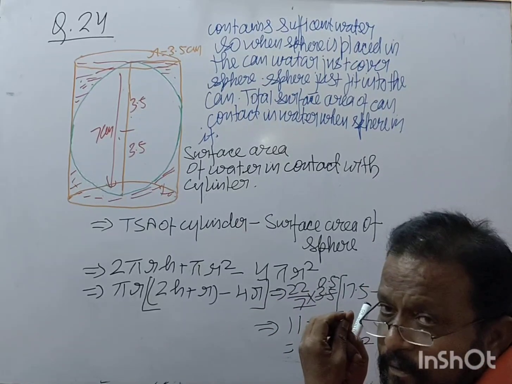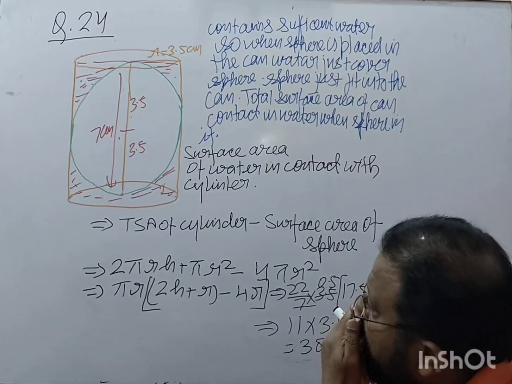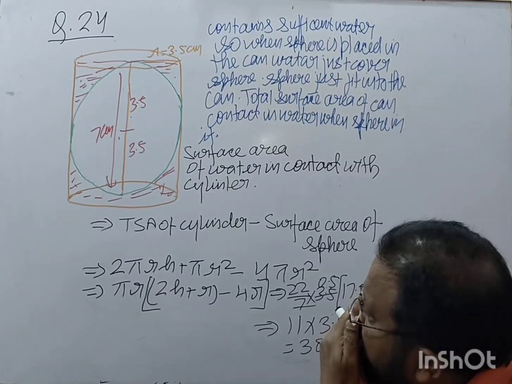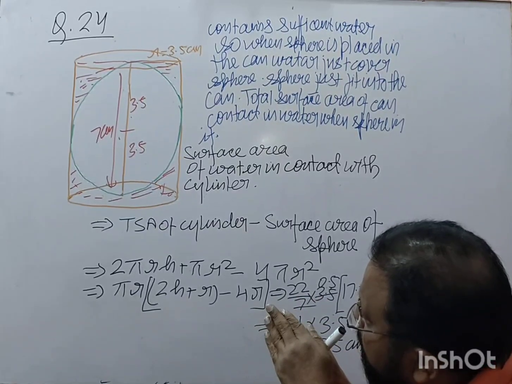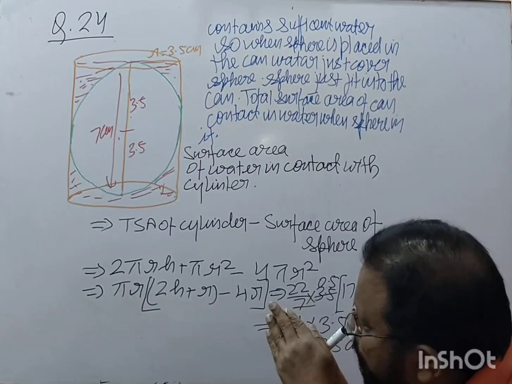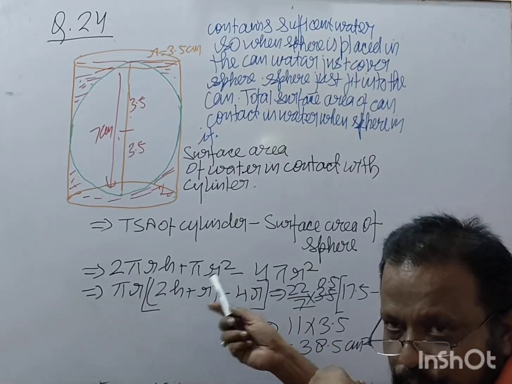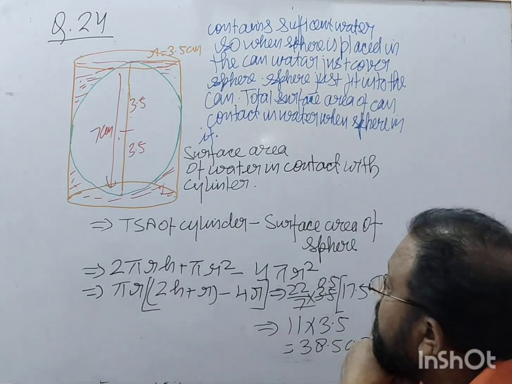Sir, take the bottom base of the cylinder. The bottom base will be in contact with the water, the upper one will not be. So that's why I have taken pi r square only. There must be 2 pi r square, but I have taken pi r square only.